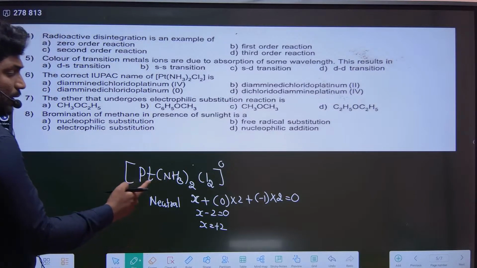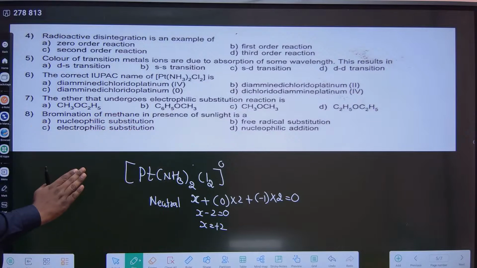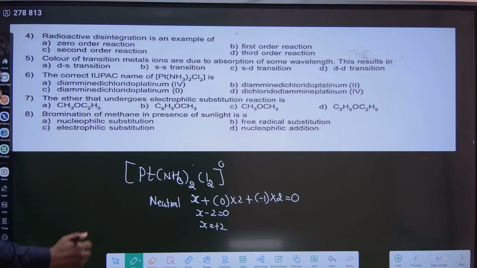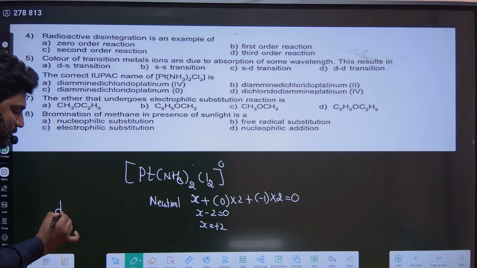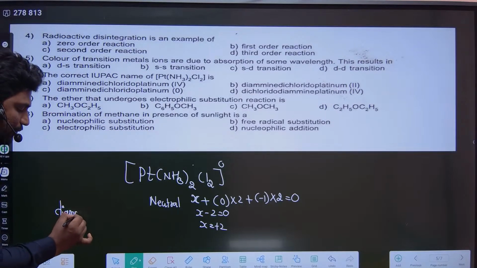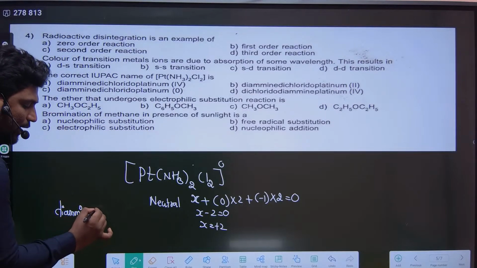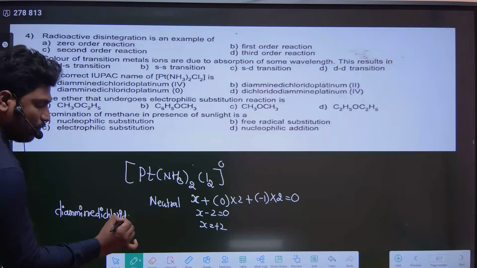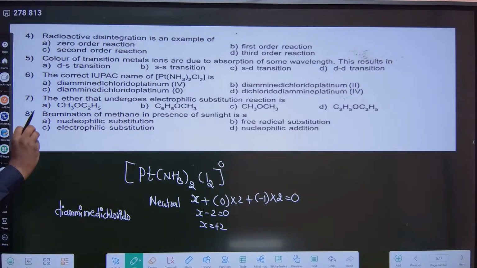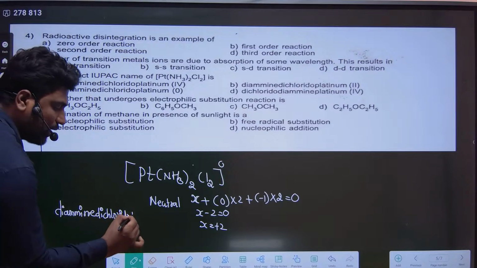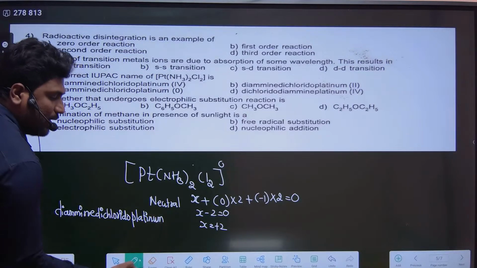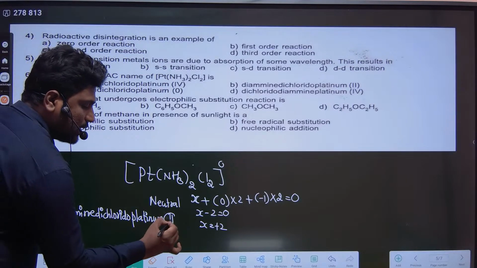Now the naming always starts with the ligands in alphabetical order, in small letters. Two ammines, so diammine, dichlorido. For neutral complexes, the central metal atom name is written as it is, so I am not going to change it. It will be written as platinum, and its oxidation state is +2.